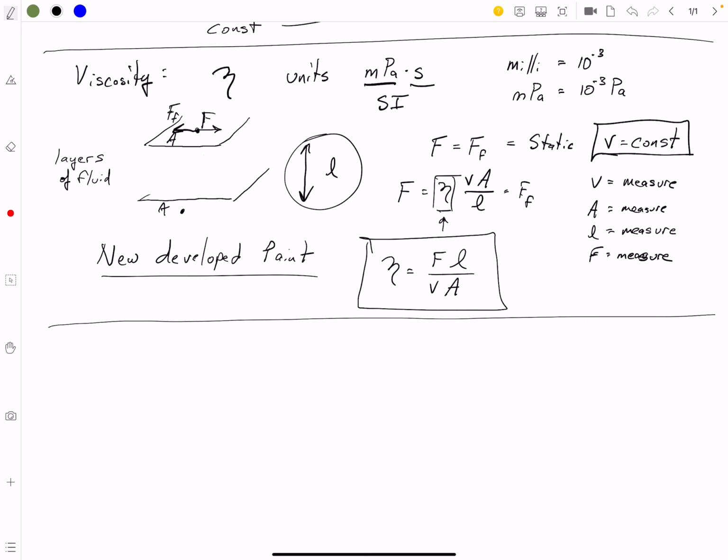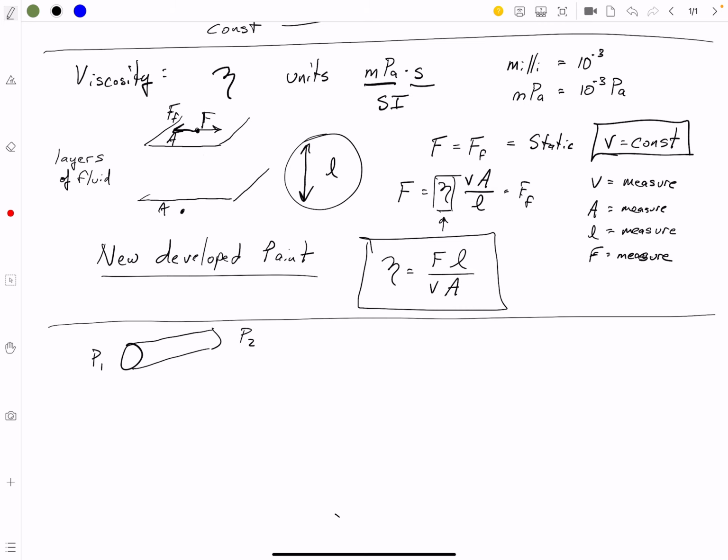Well, there's a few things that cause flow, but mostly it's a difference. So we have P1 over here and over here we've got P2.